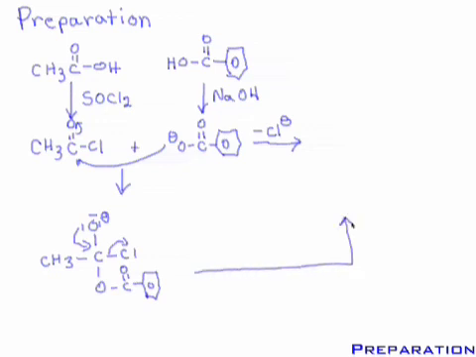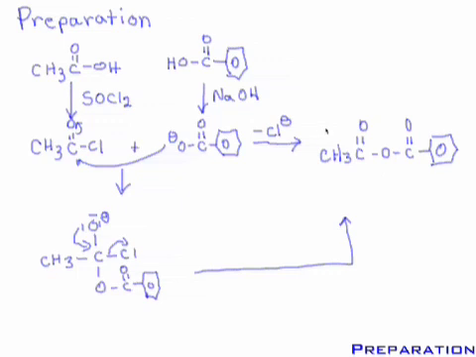So the intermediate will convert, once chloride is lost, to CH3, C double bond O, O, C double bond O, and we will make benzoic ethanoic anhydride, or benzoic acetic anhydride. Or you could equally say, in common nomenclature, alphabetizing is not crucial, you could say acetic benzoic anhydride as well. Try to alphabetize when you're using IUPAC nomenclature.